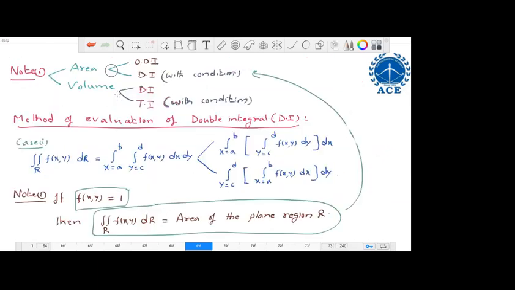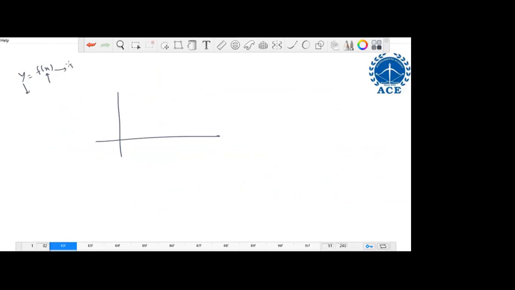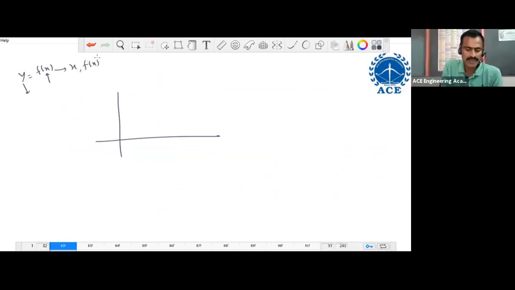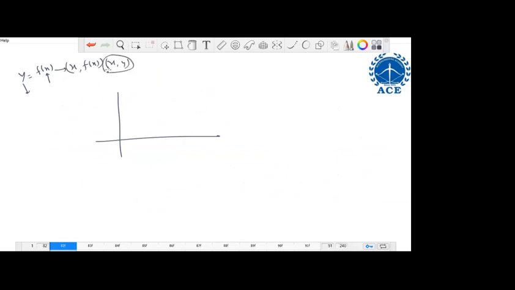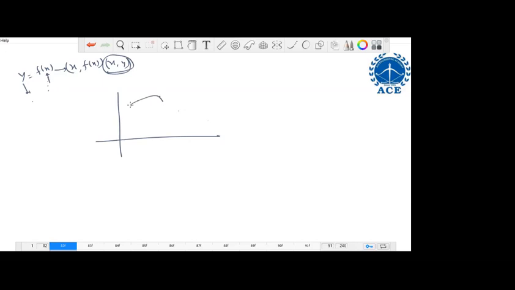Now, if you see y equal to f of x, if we give some value to x, we get some value for y. The input and output together are written as x comma f of x, or x comma y. It is just like a two-dimensional coordinate geometry point. We write the set of points x comma y, plot all these points in 2D, and if you join them, we get a curve.